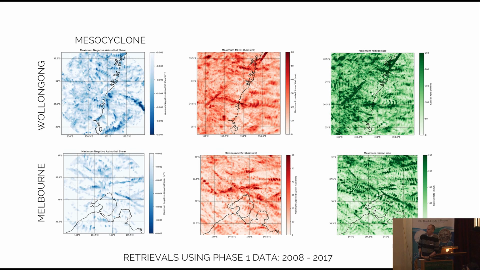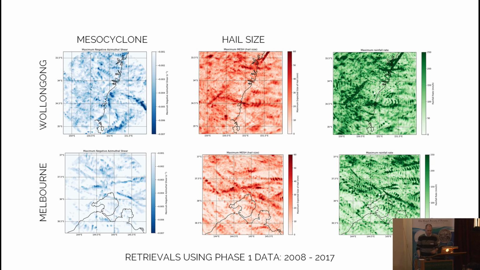For the Wollongong radar, which is just south of Sydney, we can see there's a dominance of offshore supercells through that region, which actually matches up quite well with a lot of the cases we've had over the last 10 years. Compared with Melbourne, it's a little more mundane, where we have a few significant events, particularly the Christmas Day supercell of 2011, which shows up quite nicely just north of Melbourne.